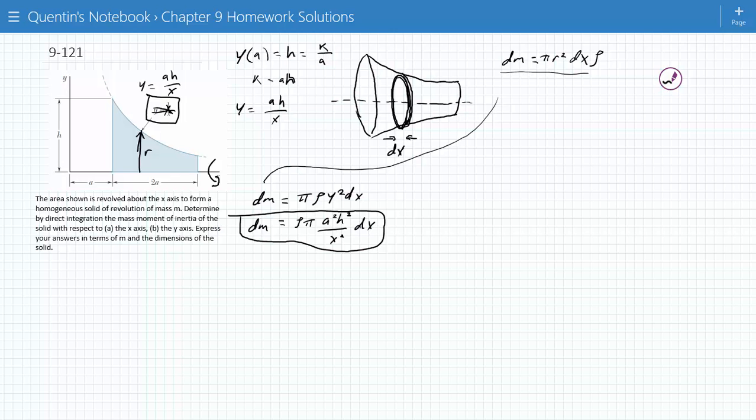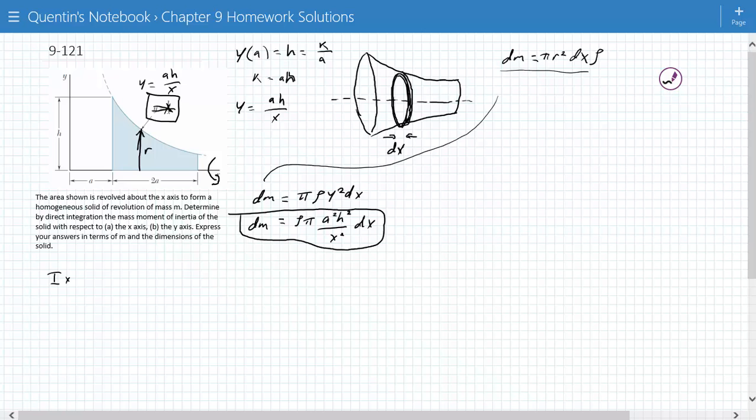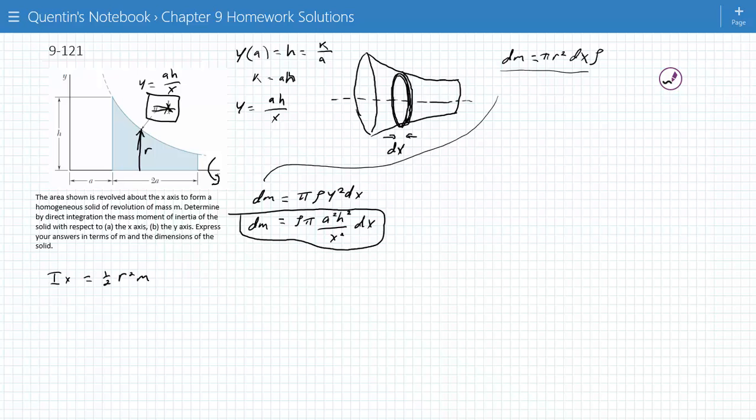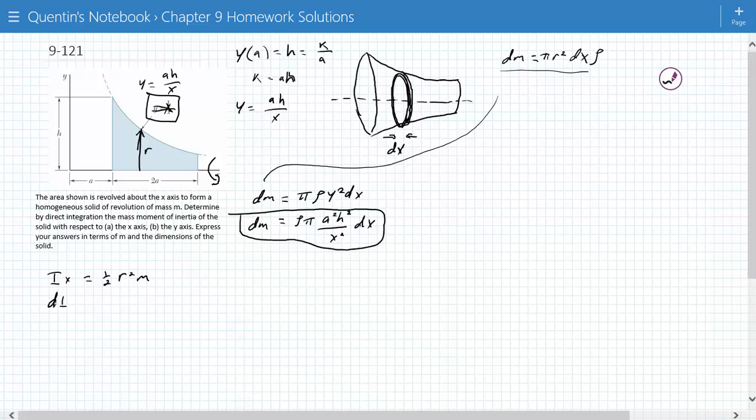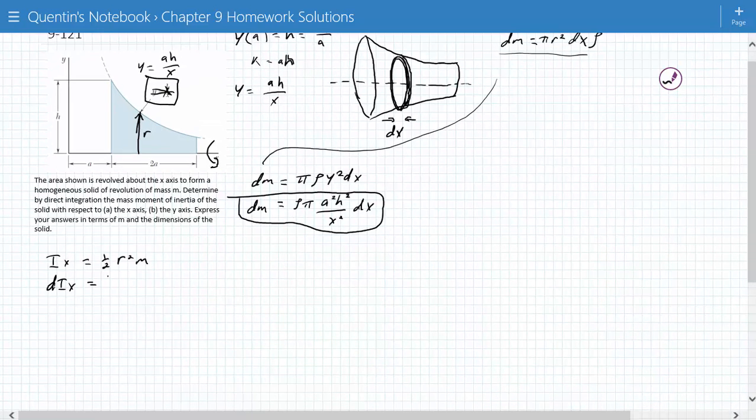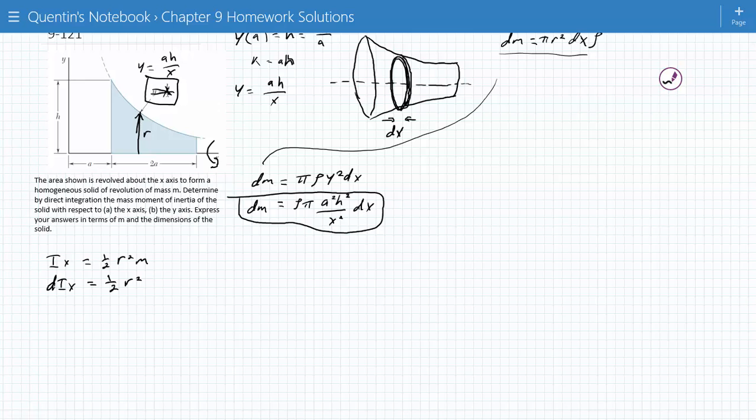I know the Ix of a disk is 1/2 r squared m. That just comes from the tables in the back. For this disk, the dIx of my differential element is 1/2 r squared times dm. I'm just going to keep r as y to make my life easy.